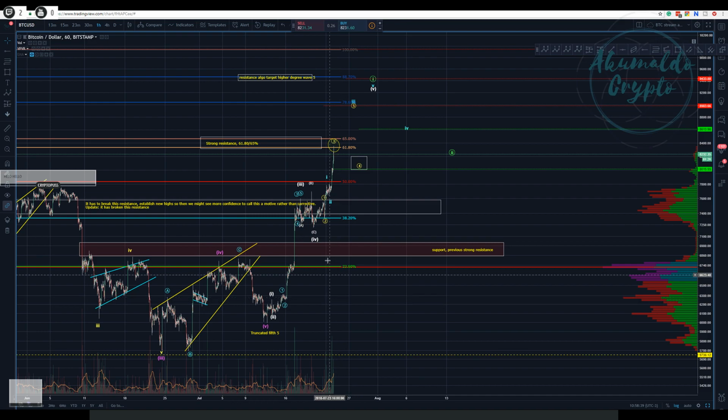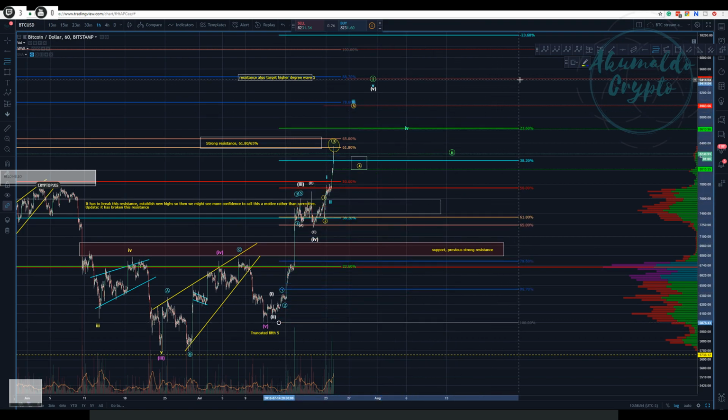This is a forecast. I don't know if we get to this 9K, 9500. Then we are going to retrace to those levels here, 7300, 7400.